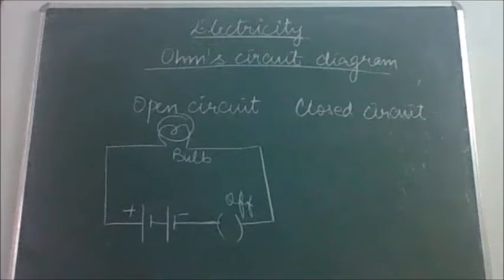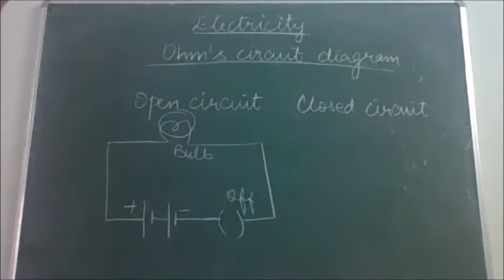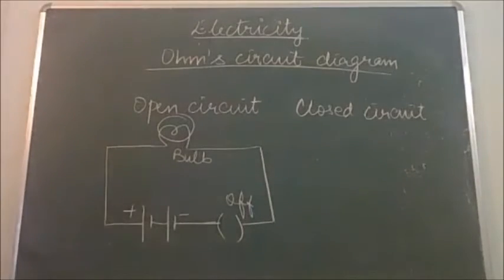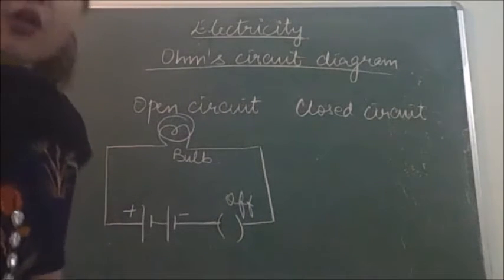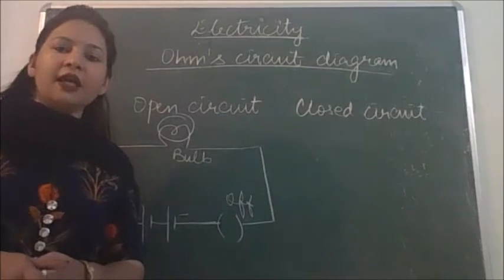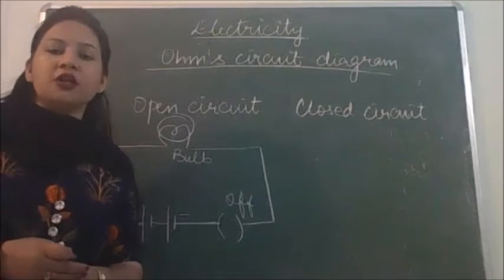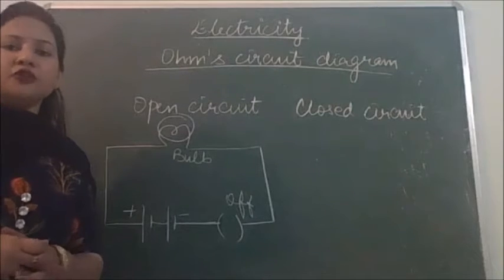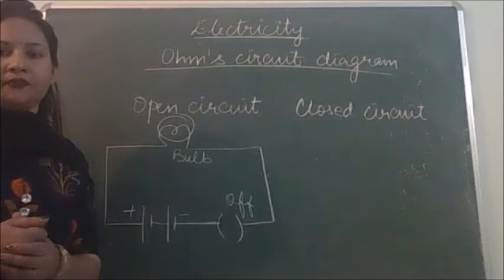You can write the definition of an open circuit. It is a circuit through which current does not flow because the switch remains in the off position or open position.